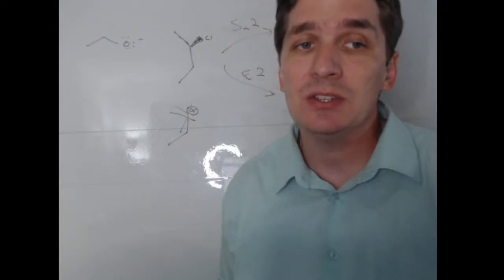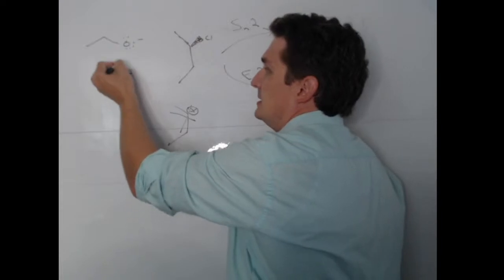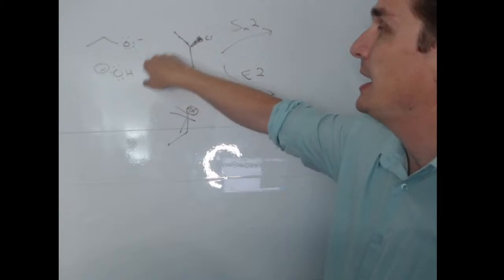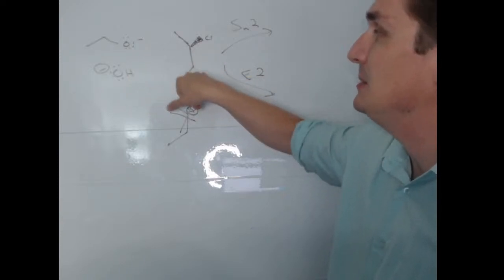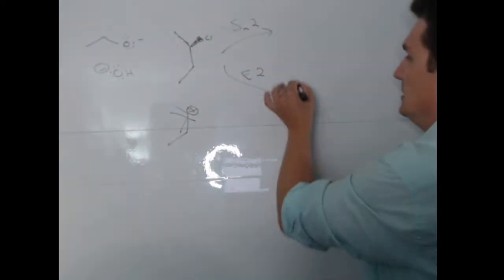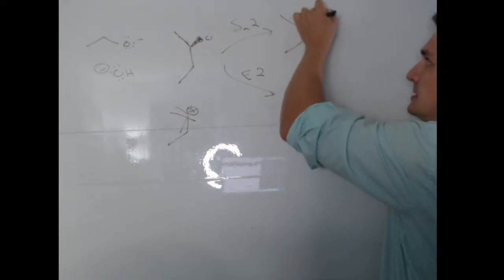If this is a base, you can promote elimination. So if we have hydroxide, this is a base. It can promote elimination. And so if you try to do hydroxide with this, you can get elimination because it can extract a hydrogen, it is a base, and get this product, or you can get substitution.